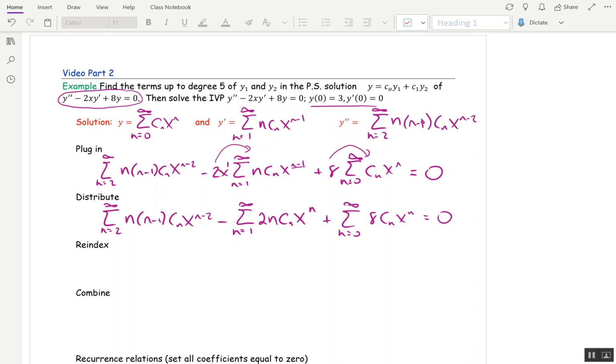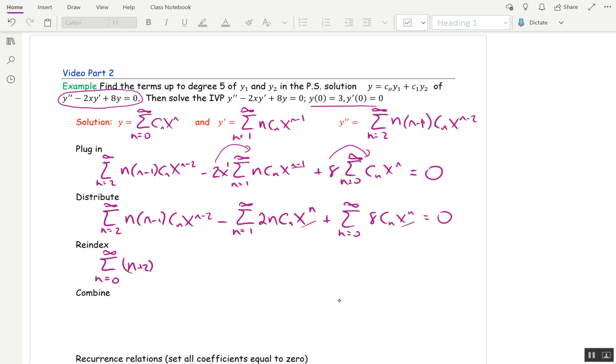All right, reindex. All these power series have to be in x to the n. So I don't need to reindex this one, and I don't need to reindex that one. I only need to reindex the first one. So that's going to start now. I need to add 2 in the formula, so I'm going to subtract 2 down here at the base. And everywhere I see an n, I put in an n plus 2.